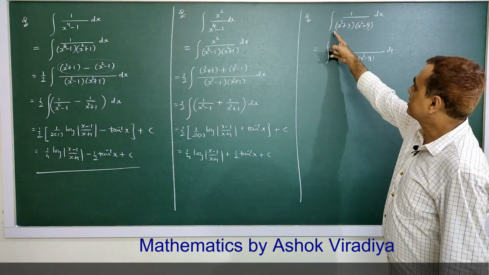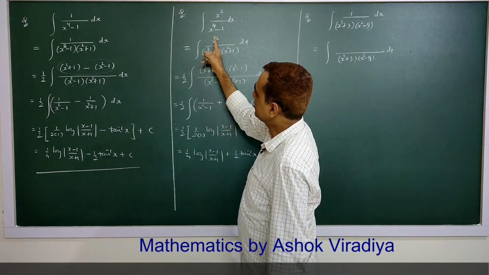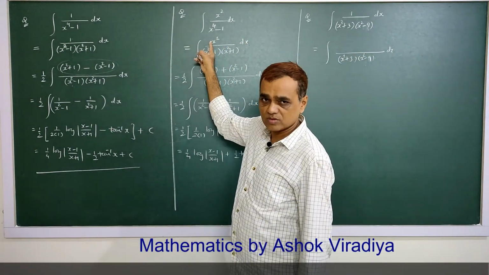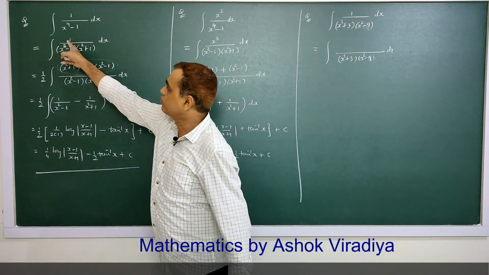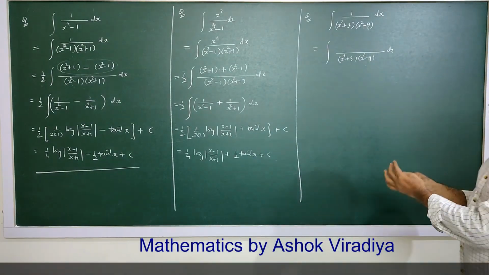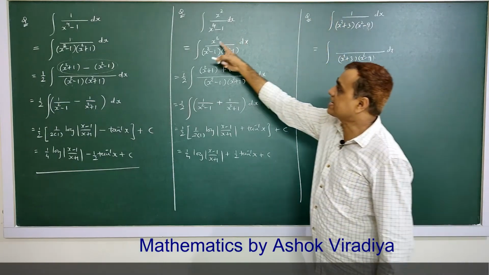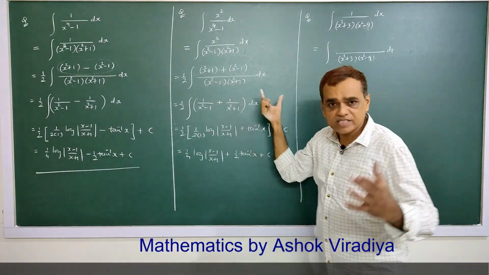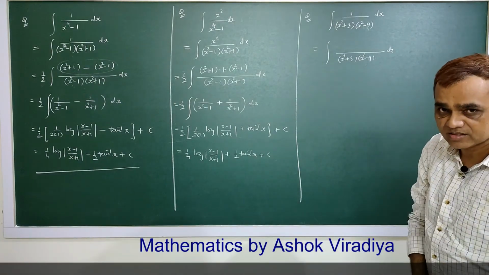Everywhere x square, everywhere x square. In the numerator x square is allowed, but no x cube; constant is allowed. When such types of integrands are given, the numerator, whether it is constant or x square, can be expressed as a combination of both the factors which are in the denominator.